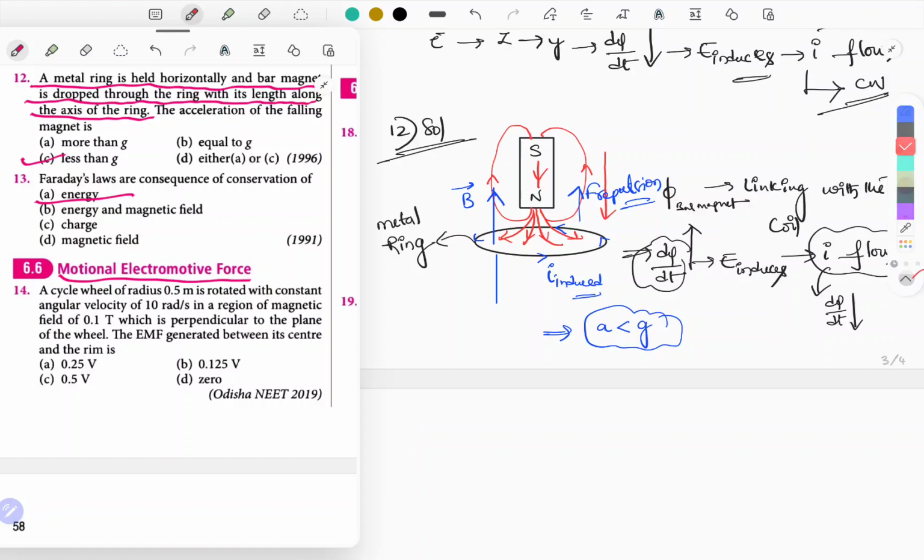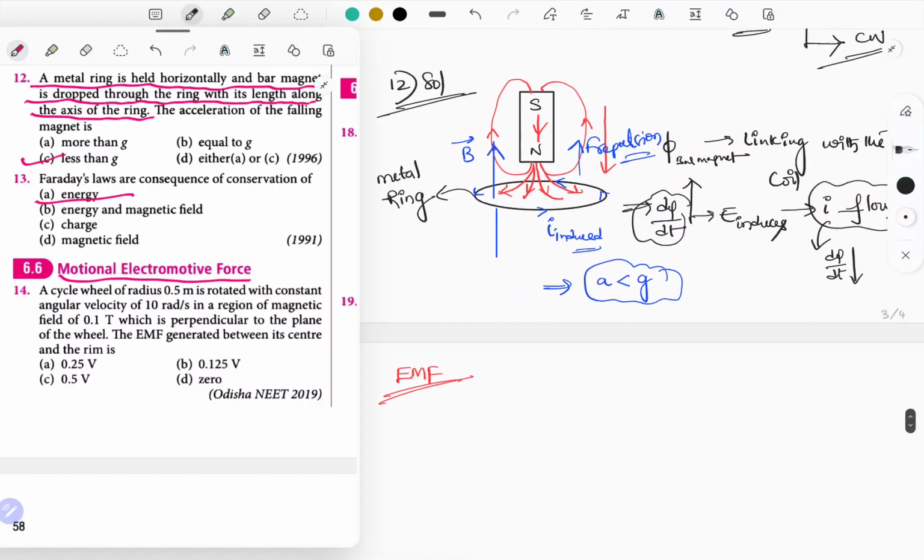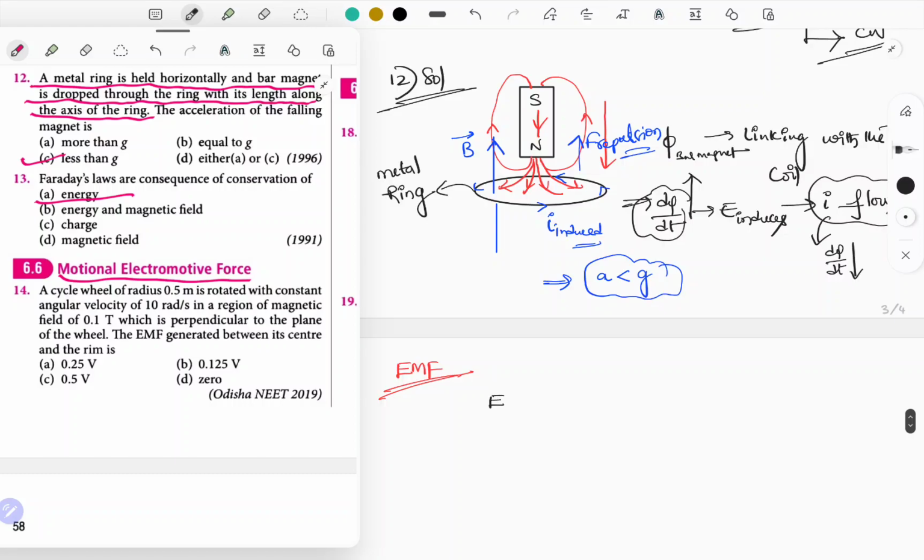Before solving numericals based on this motional EMF, I would like to give you a note. EMF, electromotive force. When a conductor is moving in a magnetic field, definitely an EMF will be induced in that conductor, and the formula for induced EMF is E = L̄ · (V̄ × B̄).